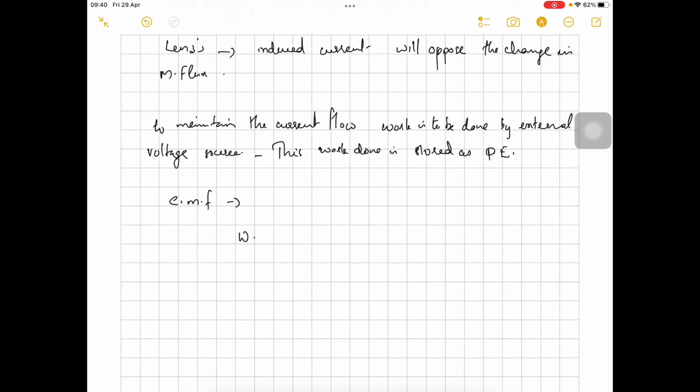So you can write W is equal to minus epsilon. This epsilon is the induced EMF, and we have to do work against that induced EMF.